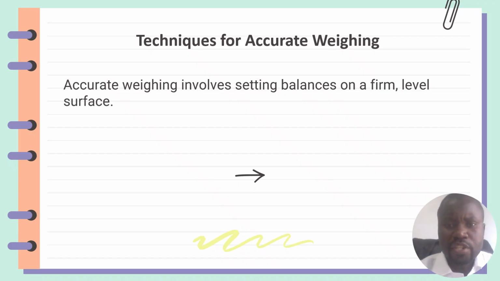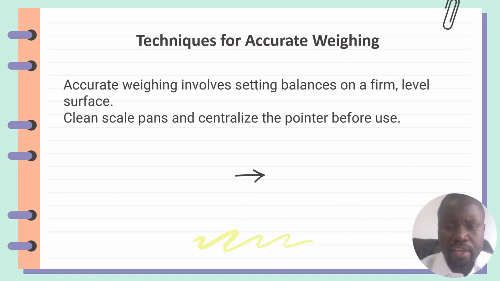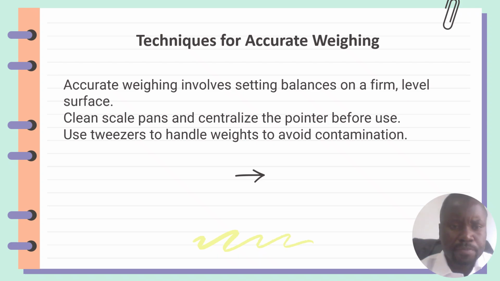Accurate weighing involves setting balances, as we have said, just to re-emphasize that the balance should be firm, should not be moving as you are doing the weighing, and should be on a level surface. And so again, cleanliness is important for the pans where you'll be putting the weights as well as the material you are weighing, and you centralize the pointer before use.